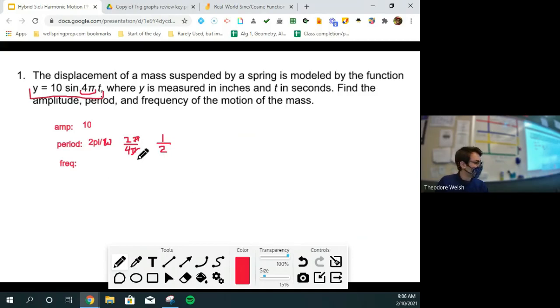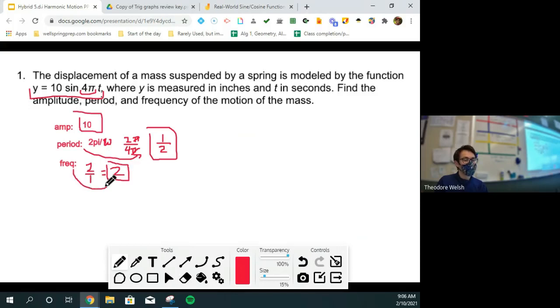And to find our frequency, there are a couple ways we can think about it. Frequency, remember, is the reciprocal of our period. So if my period is 1/2, my frequency would be 2 over 1, or just 2. Let me box these so it's a little clearer.